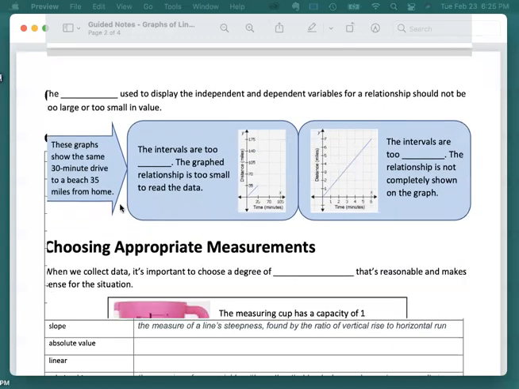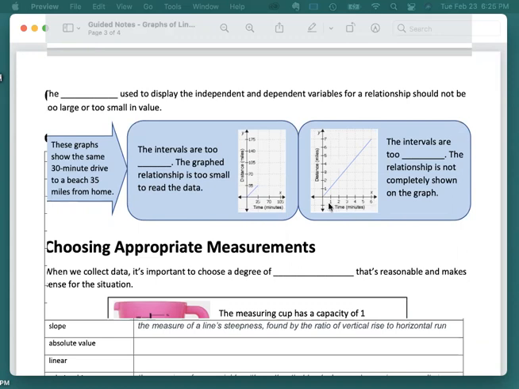So here there are two graphs which show the same data, but in this first graph, the scale is too big. It goes 35, 70, 105, and this line is not a good representation of the data. In the second graph, the scale is too small.